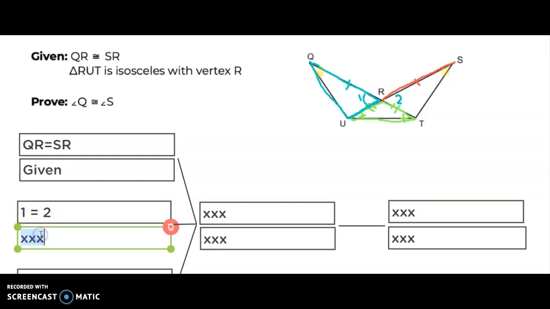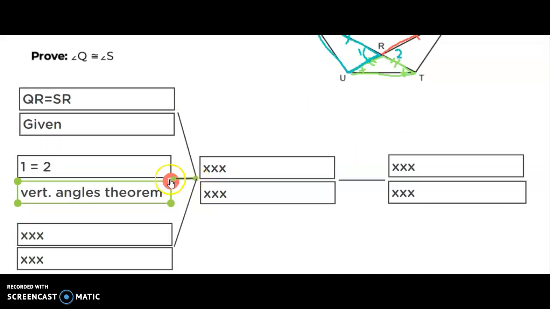We know that because of the vertical angles theorem. And then finally, I know that my sides, UR, you can see that at the top of the screen there, UR is equal to RT. Well, that's because those are isosceles. So that's by how we define our isosceles triangles.